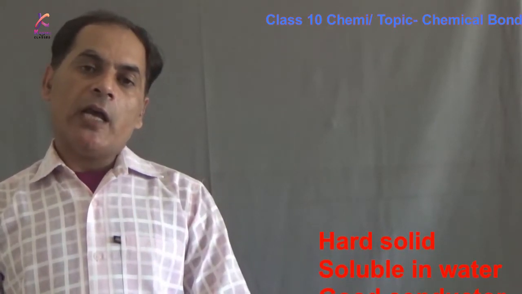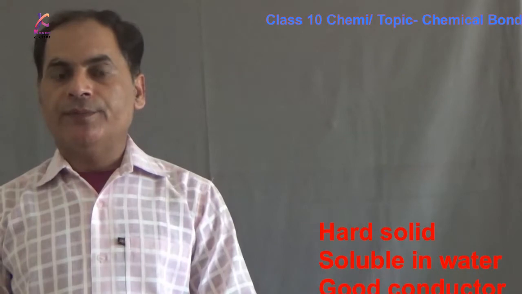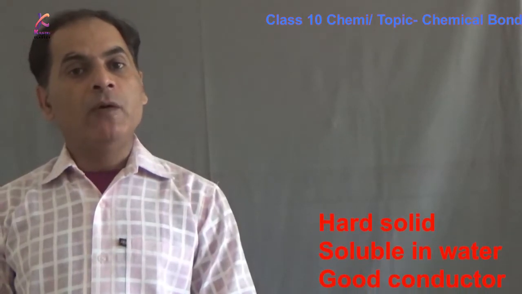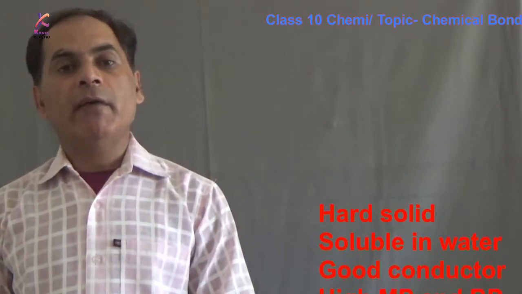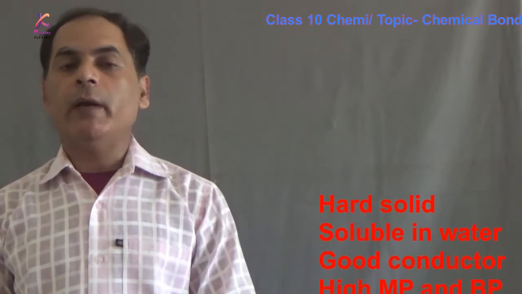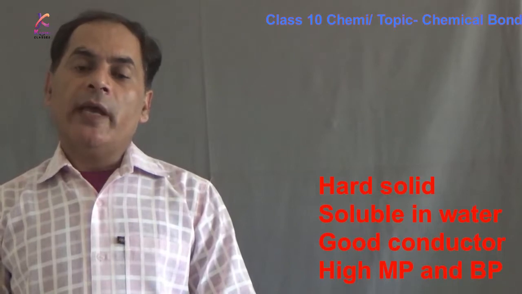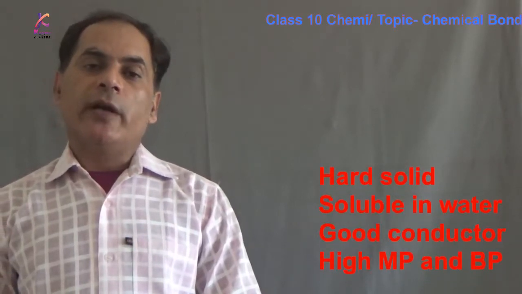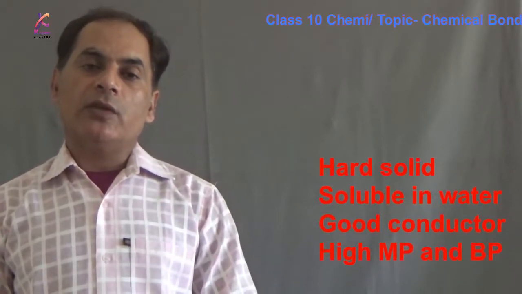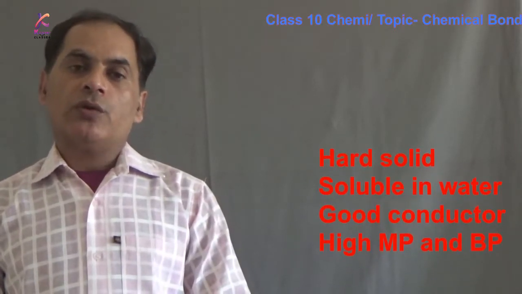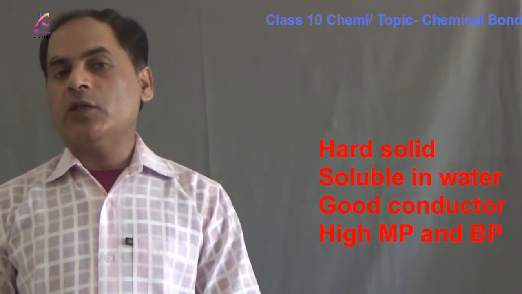Second, they have a higher melting and boiling point than other kinds of compounds like covalent compounds. It is because they have a high electrostatic force between the ions, which requires more energy to break the bond.